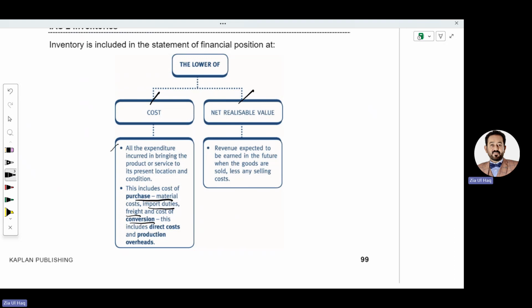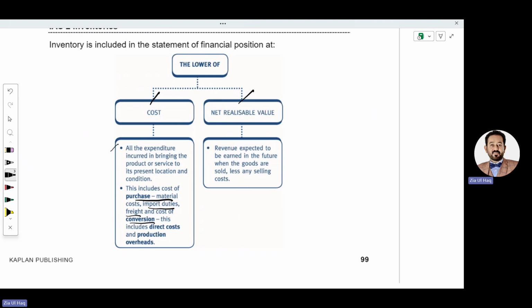Cost of conversion means converting the raw material into finished goods. What converts the raw material into finished goods? Labor and overheads. Overheads mean other expenses like usage of machinery, building rent, electricity, and gas you used. That is conversion cost.